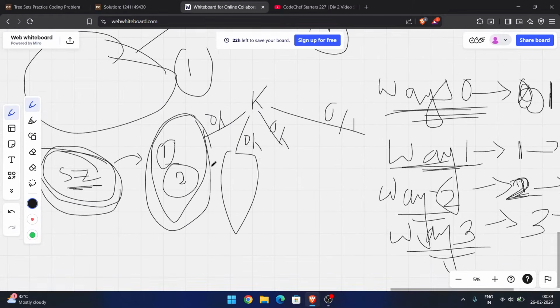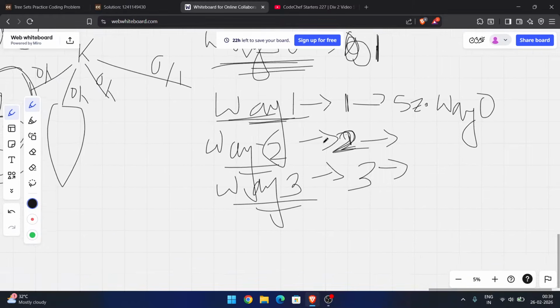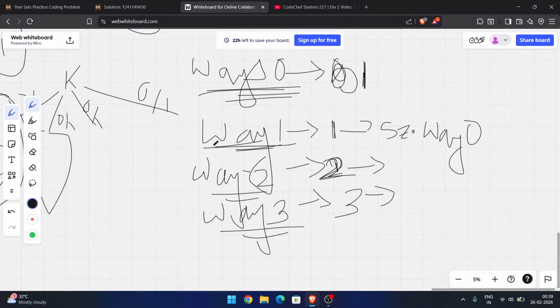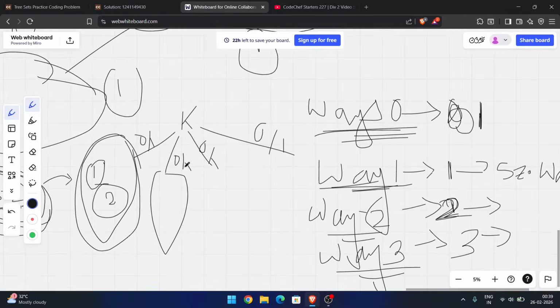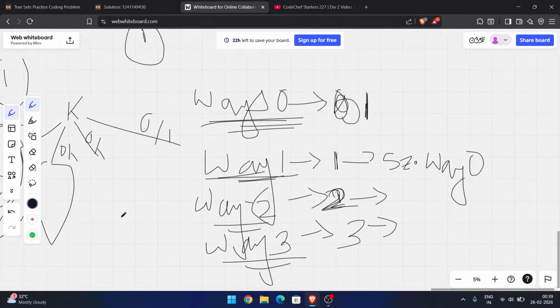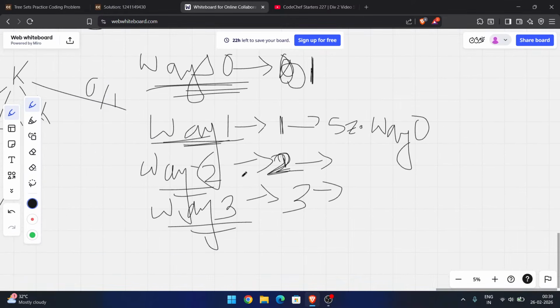Now if we have selected one branch, what was the number of ways before? So if we want to pick 2 and we want to pick 1 from this, then whatever the answer was earlier, what was the answer for picking one way earlier? That was ways 1.